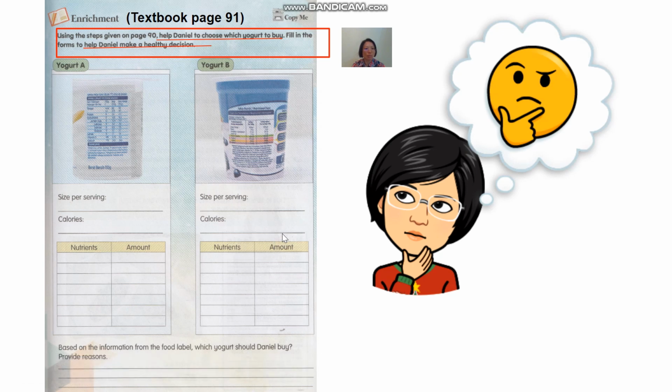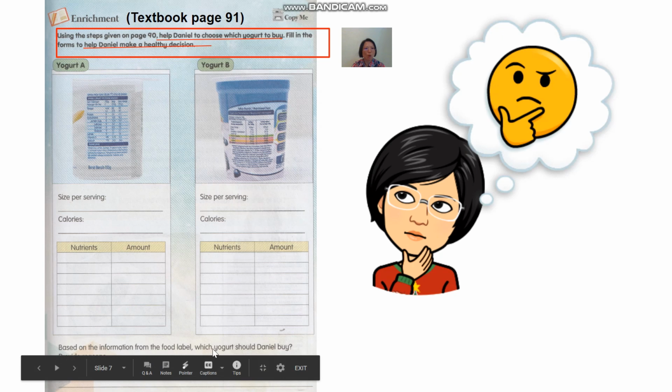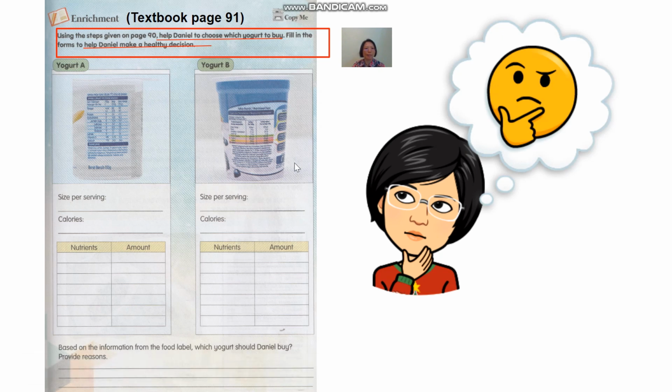Based on the information from the food label, which yogurt should Daniel buy? So we need to help Daniel to make a healthy decision, which yogurt is the best. Let's look at the next one.